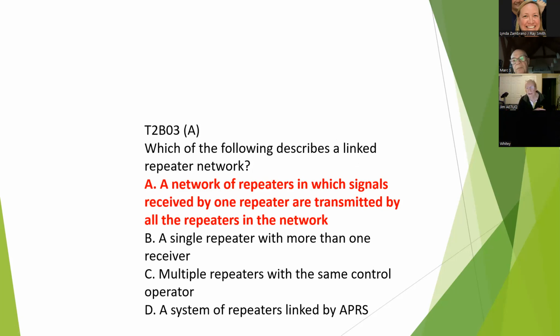There's a whole string of repeaters on Vancouver Island that are linked. So if you get into one repeater, you can basically access anybody along that network. So it's not a single repeater, it's multiple repeaters, but not the same control. And APRS is a different system. So this is the correct answer.